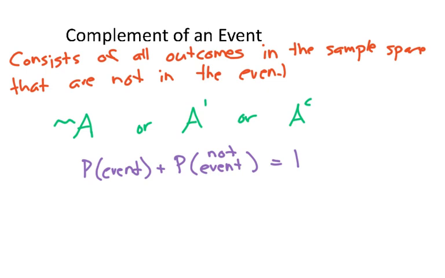And remember, the not event is the complement, and that's generally what we're trying to find. So the probability of not an event happening would be 1, or 100%, minus the probability of the event.